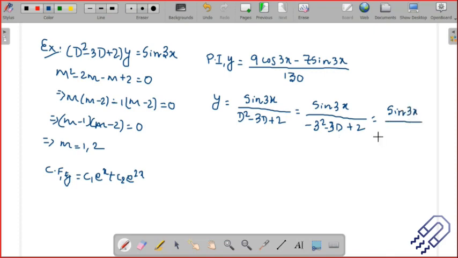D square is minus 9, so minus 9 plus 2 is minus 7, minus 3D. So we have this. Okay, so we can just simplify. Taking the minus, it becomes plus. So I can take this to be minus 7 minus 3D.